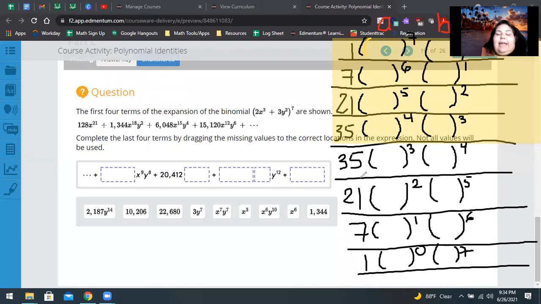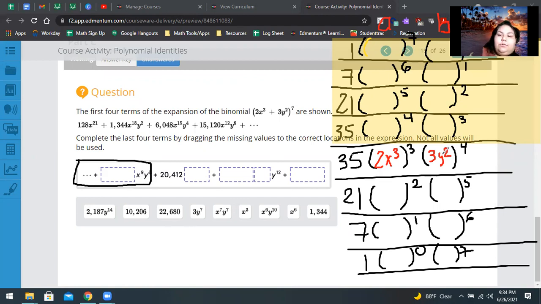Now we know that our a term is 2x cubed and our b term is 3y squared. How am I going to expand this? I'm going to multiply 35, so I'm going to show my work over here. I'm doing this box right here for your 4th term. Then you would continue finding your 5th term.